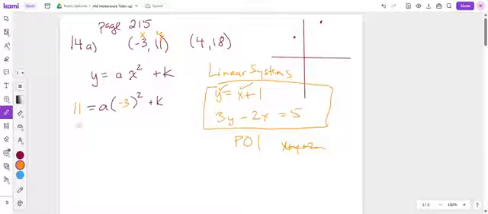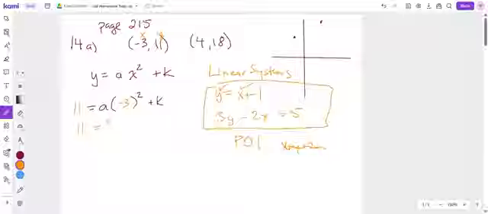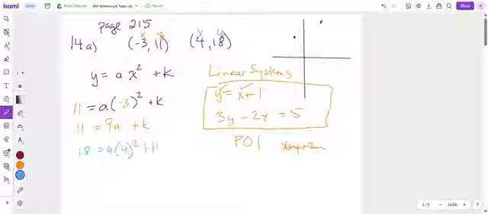Okay, then I'm going to do the math. 9a plus k. For the other point, I've got my x and the y. I'm going to do the same thing. Y is 18. X is 4. So now I have 18 equals 16a plus k.